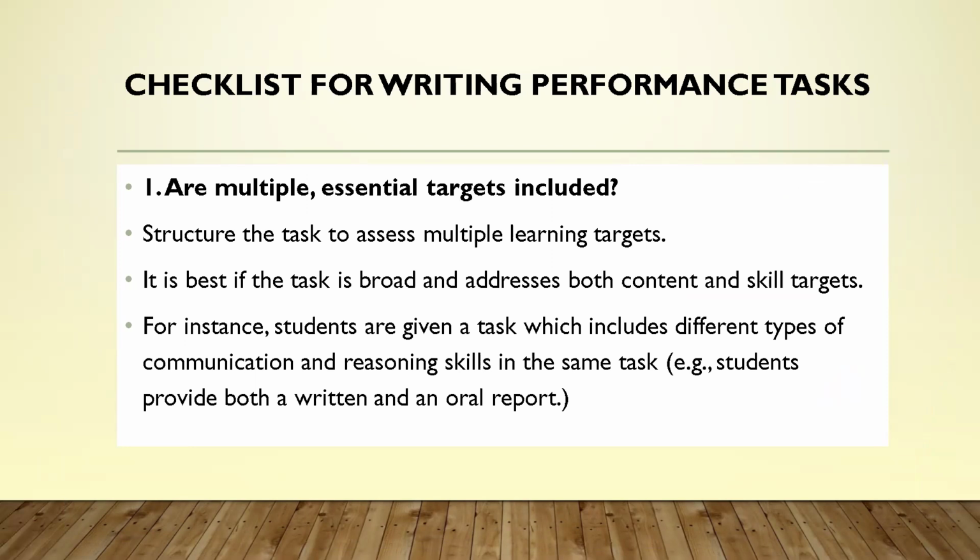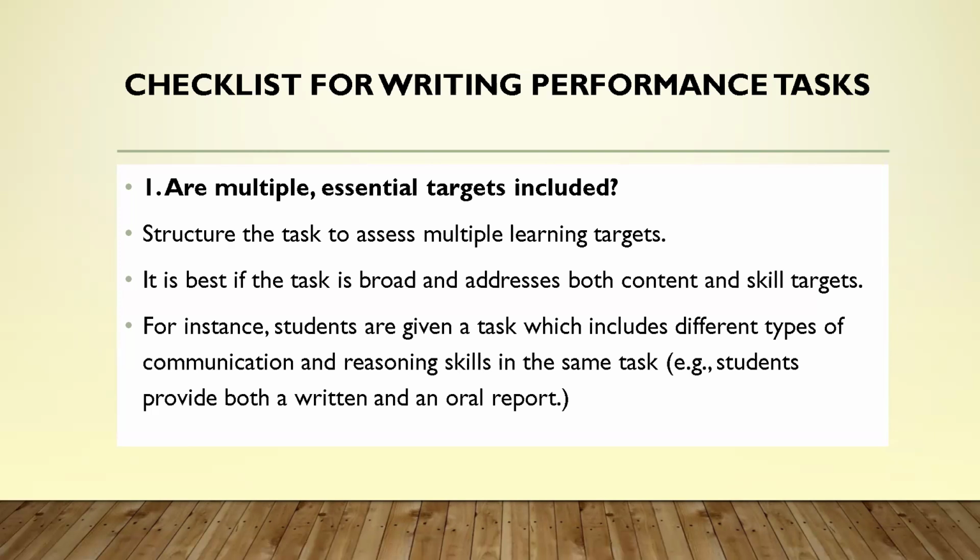Structure the task to assess multiple learning targets. It is best if the task is broad and addresses both content and skill targets. Performance tasks should integrate the most essential aspects of the content being assessed with the most essential skills.